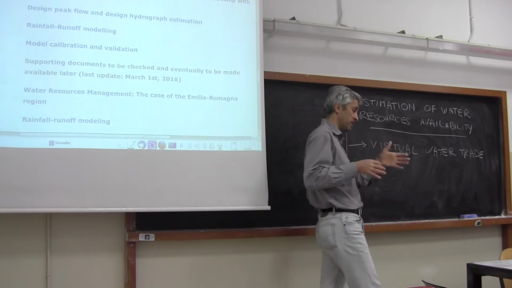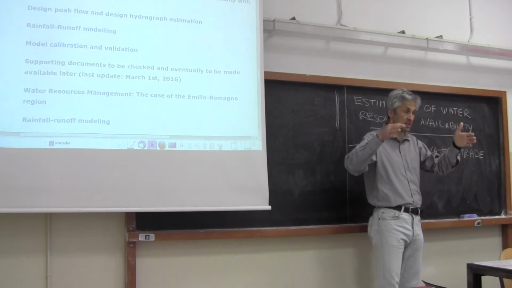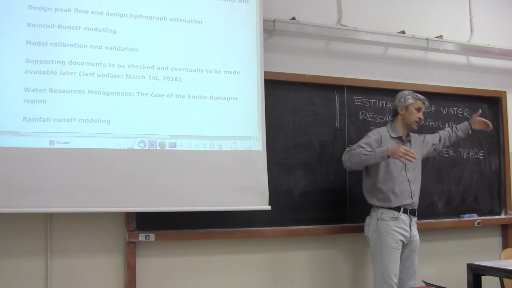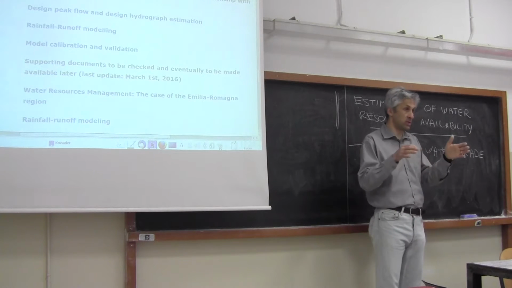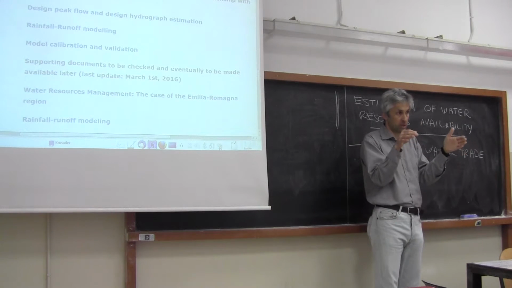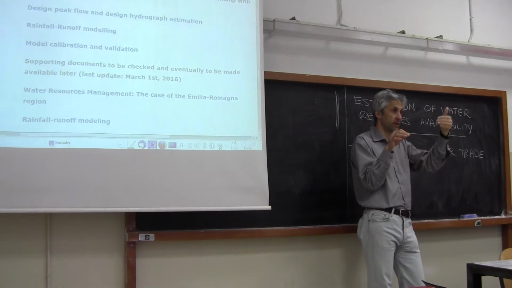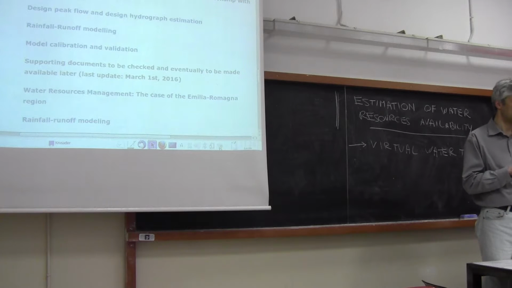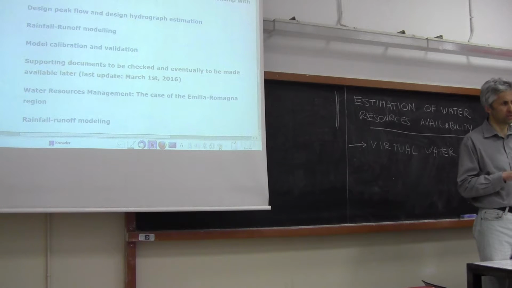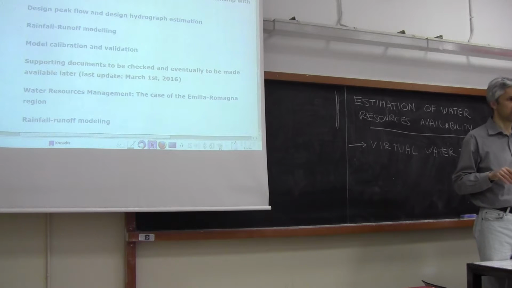But now let's stick to a very simple and very classical question of hydrology, because this is the necessary starting point, and then we will make things more and more complicated. So again, the question is how to estimate surface water resources availability, typically by referring to a river cross-section, by using data. So our assumption implies that we have a time series of observations on river flows, and we want to quantify water resources availability.